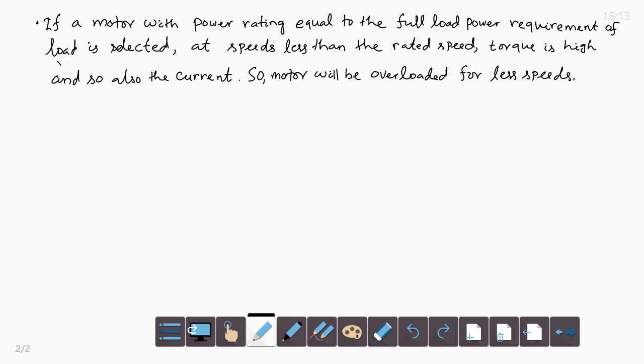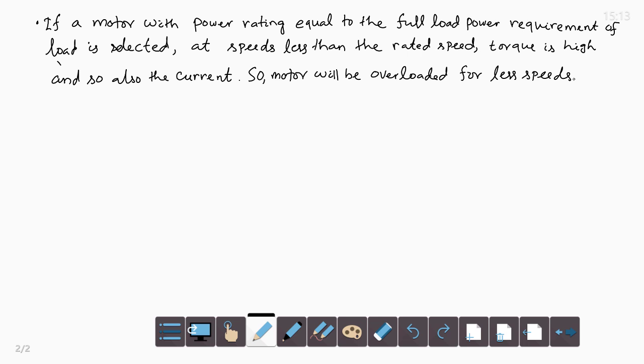So, if a motor with power rating equal to full load power requirement of the load is selected, then when the speed is less than the rated speed, obviously power is same, full load power. So, torque is high means current is high. So, for smaller speeds, motor will be overloaded, particularly for fan and pump type load.